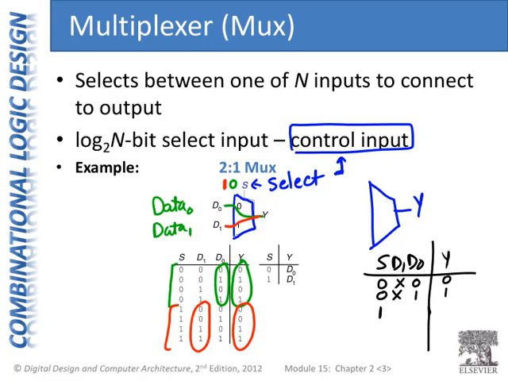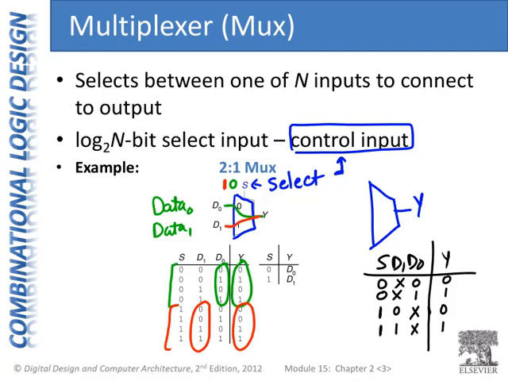When select is 1, it doesn't matter what D0 is. The output will just follow whatever D1 does. Or, even more condensed, as shown here, when select is 0, Y is equal to D0. When select is 1, Y is equal to D1.